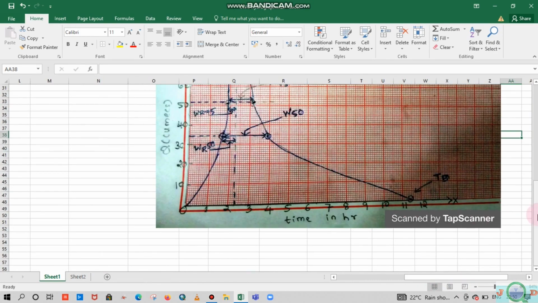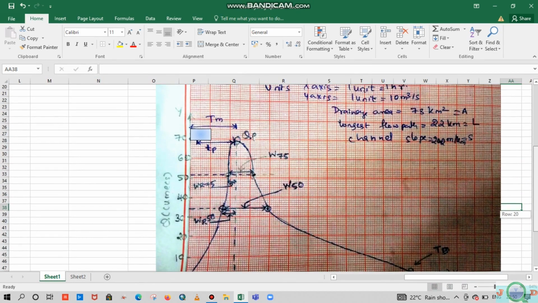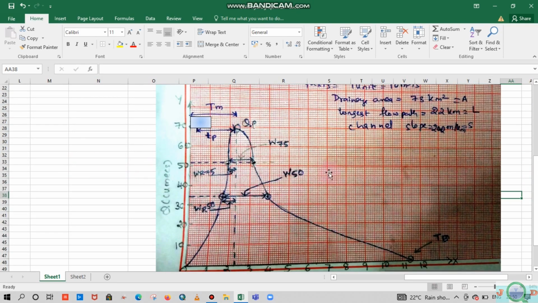And next I marked the location of the 50% and 75% of the peak discharge. 75% of this peak discharge is nearly 51 meter cube per second, and 50% of this peak discharge is nearly 34 with some decimals meter cube per second.